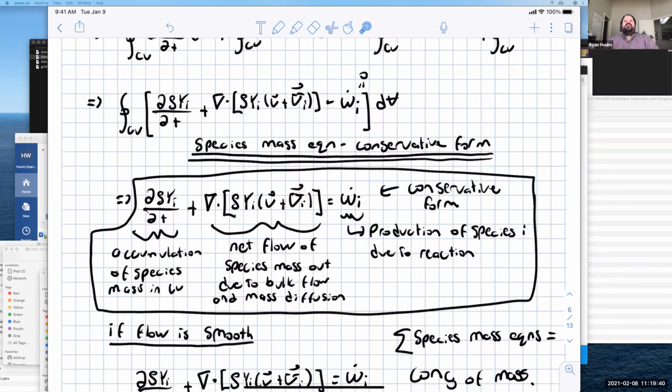So you could think of it as, due to mass diffusion, the absolute velocity of species i is moving a tiny bit faster than the bulk flow. It also makes the equations compact, and this expression is valid for any diffusion model that I want to use.